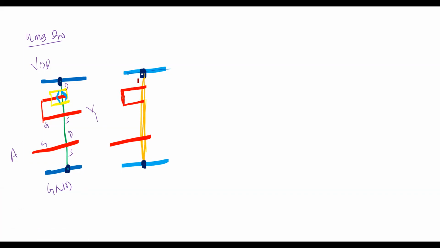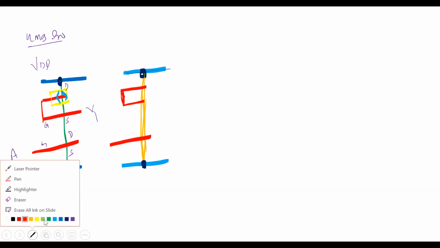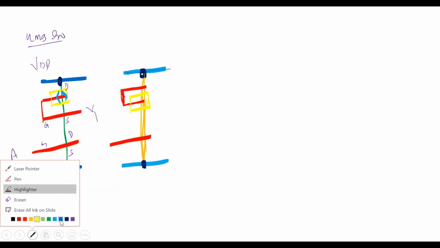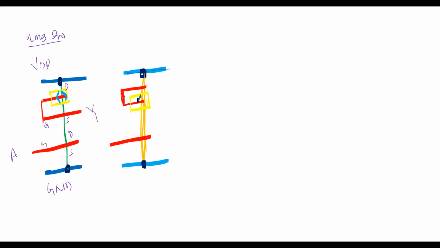Clear. Now show the implant region. This is my implant region. And my buried contact is required, so take the color and apply the buried contact. Yes, this is my buried contact.